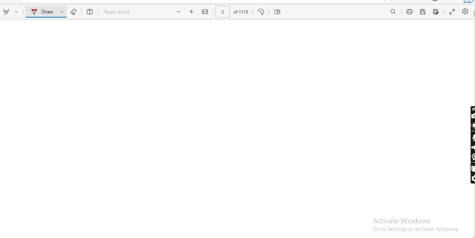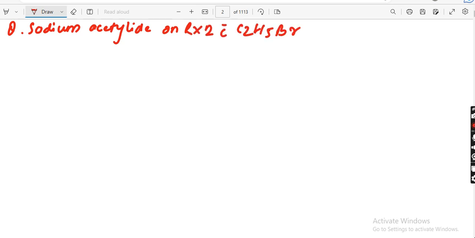So the next question over here is: sodium acetylide on reaction with C2H5Br gives what? So this is actually RC≡CNa, right?